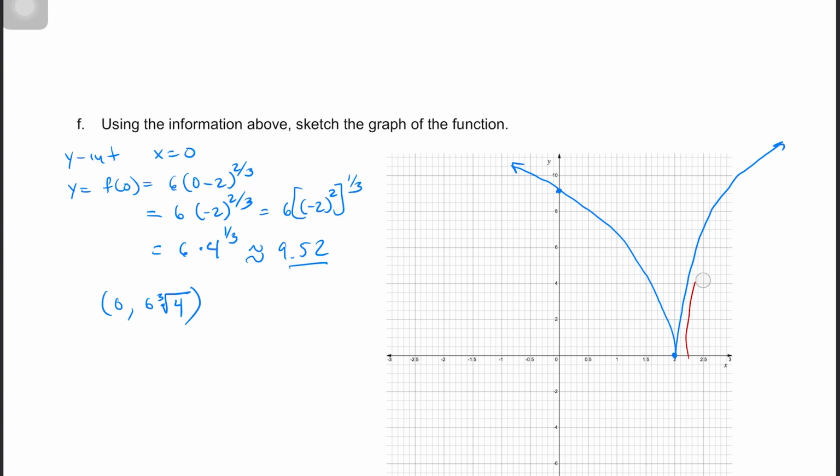And of course, we're going to label our points. So this point is (2, 0), and this point is (0, 6 times the cube root of 4). And there you go. We found all the information for the graph, and so this helps us graph the function.